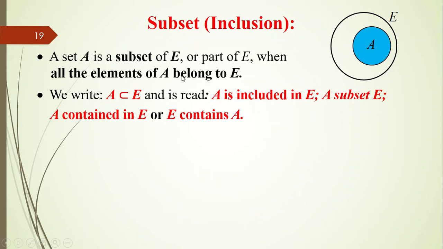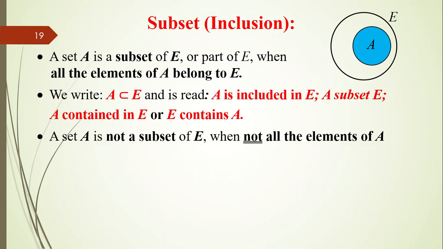So here, if all elements of A belong to E, it means that A is included in E. But it doesn't mean that E is included in A. Okay? Here E is not included in A. A is included in E. Okay? It is read A is included in E, or A subset of E, or A contained in E, or E contains A.